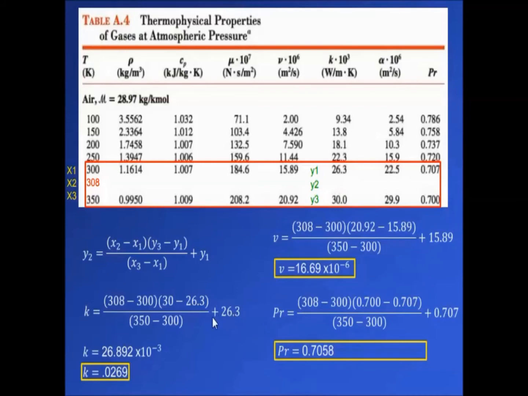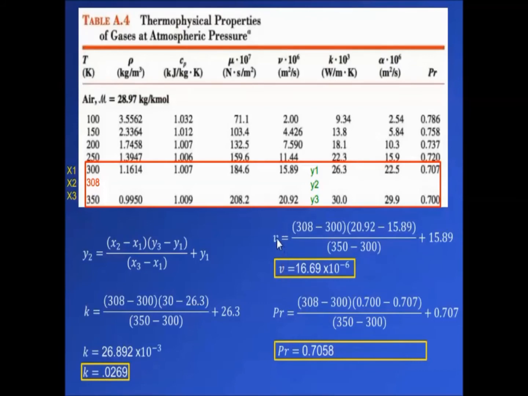Plugging this in, we get a K value of 26.892 times 10 to the negative third. Looking at our units, we can rewrite this as K equal to 0.0269.